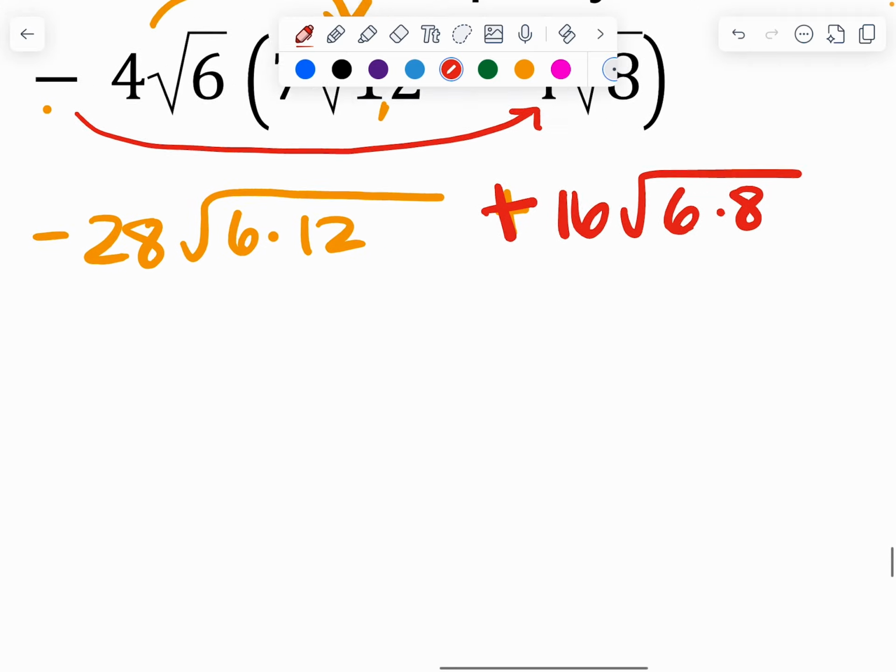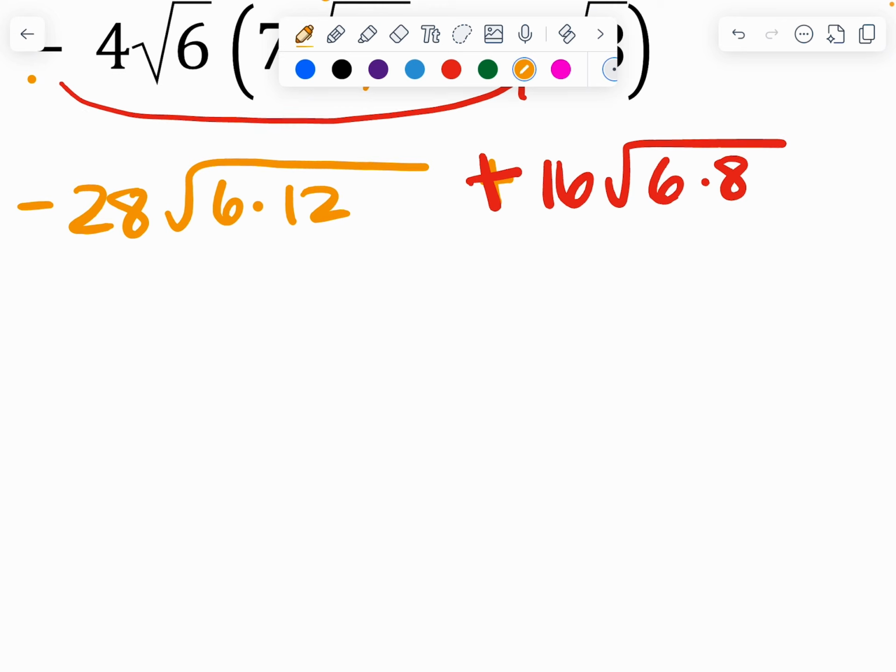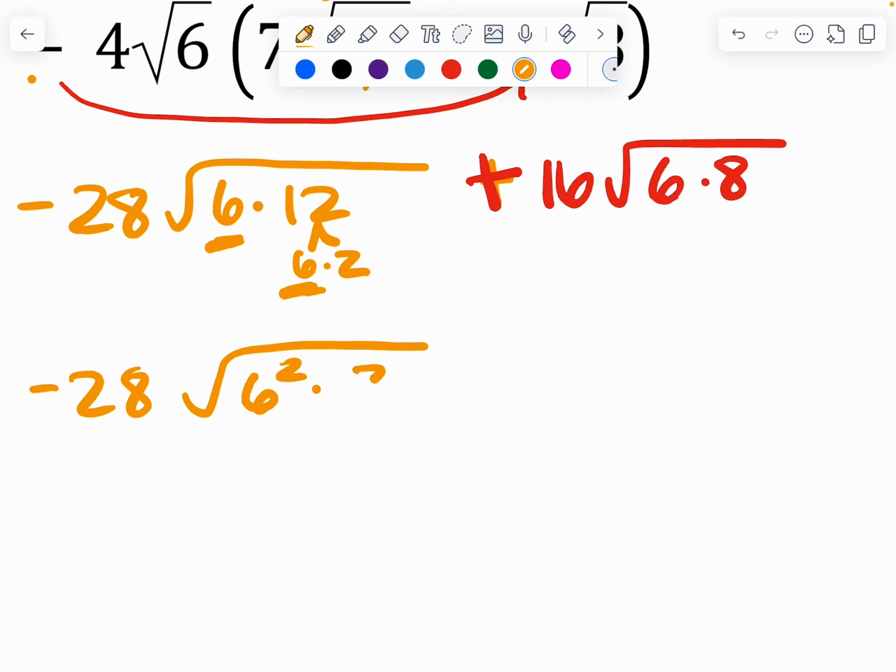Okay, I want to come over here to this one on the left. Do you realize that this is 6 times 2? And I know 6 is not a perfect square, but you already have a 6 here and a 6 here. So it would be easier to take the square root. So that would be 6 and then radical 2.